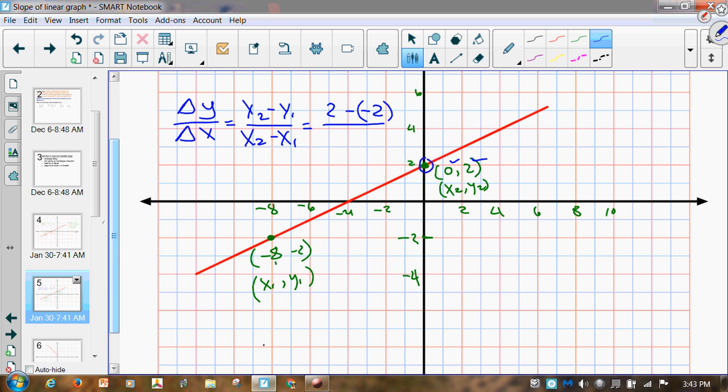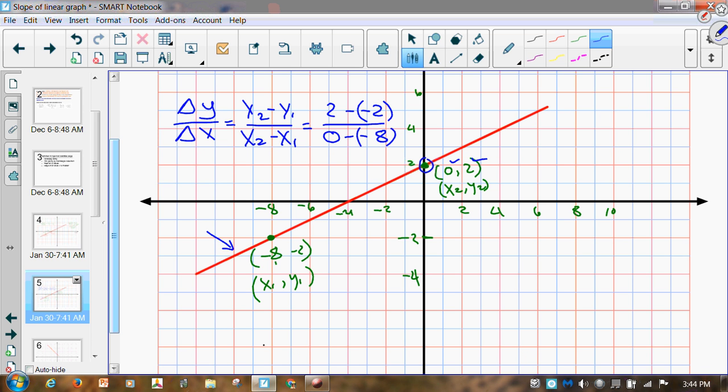And just like everything in algebra, be very, very careful of your signs, S-I-G-N-S, because that's where a lot of algebra mistakes are made when we plug things in and we are subtracting negatives and so forth. The change in x then is 0 for x2 minus a -8, which of course was the point down here that we chose.